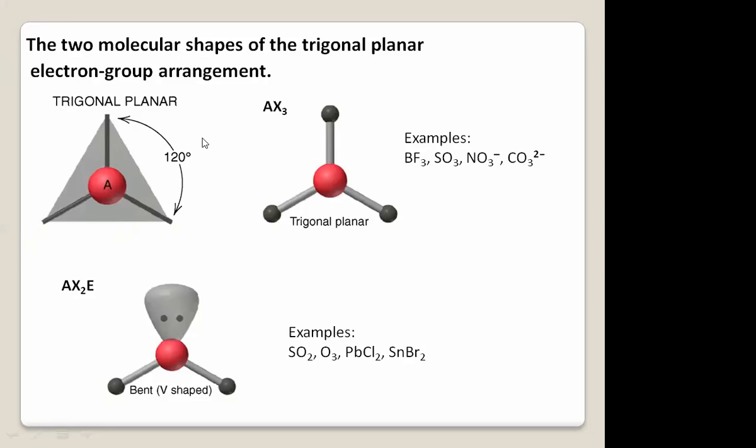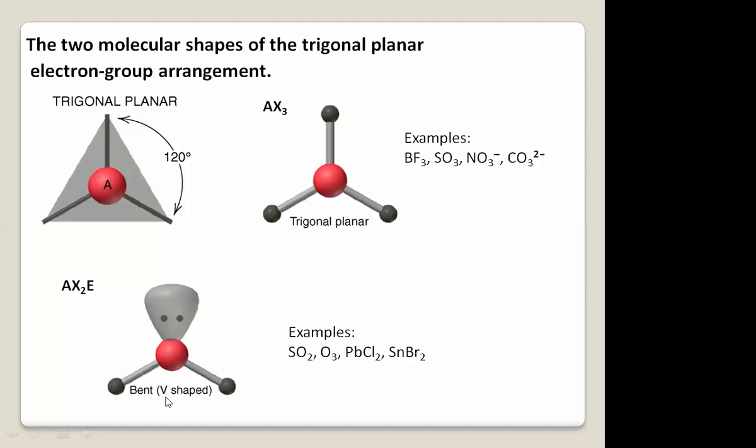Now, this is the general, real one, but the ideal that is not real is this, that we are going to talk about soon. Examples of molecules that exhibit sp2 hybridization, that is trigonal planar, are boron trifluoride, sulfur trioxide, nitrate, and carbonate. All these will undergo sp2 hybridization, not sp3, sp2 hybridization, that is trigonal planar.